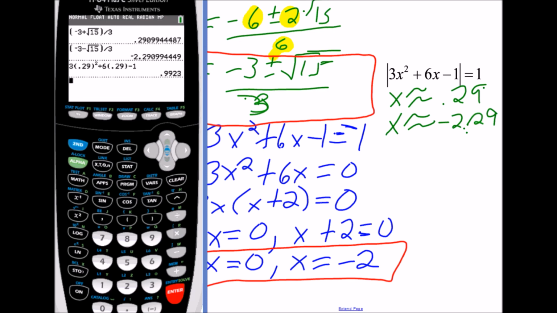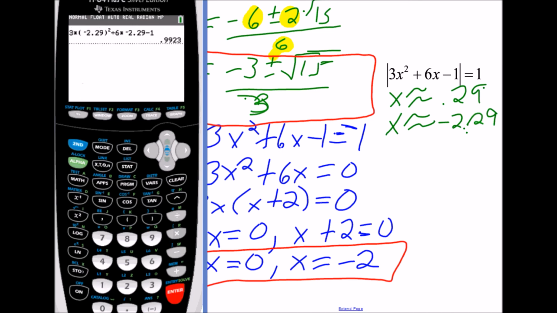All right, now what I'm going to do is the same thing all over again, but I'm going to plug in the negative 2.29 and see if that works. So 3 times negative 2.29 plus 6 times negative 2.29 minus 1.